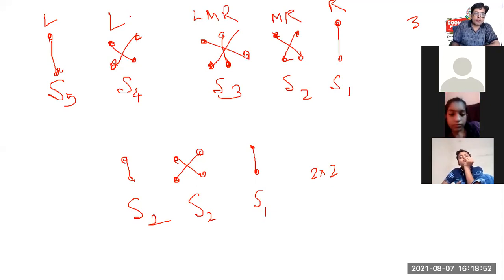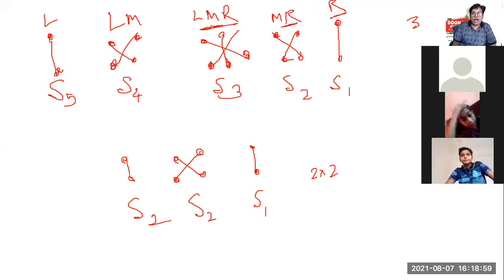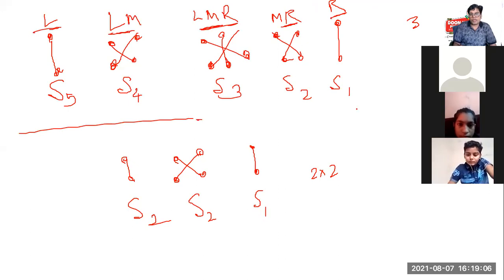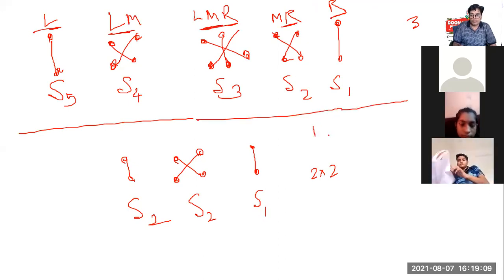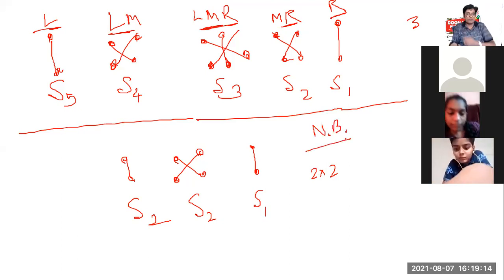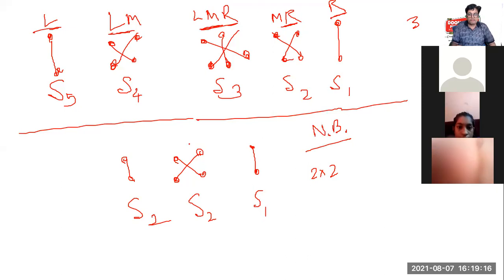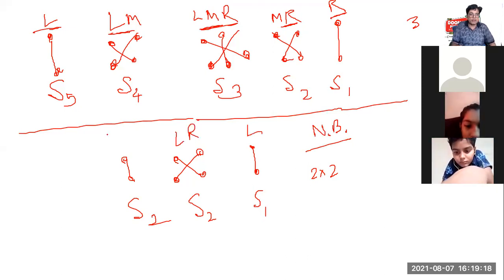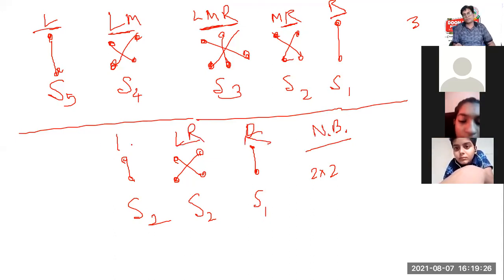You can write R, MR, LMR, LML. I'll explain you. Please copy this thing. Please, N.B., note it. That is left. That is left into right. Sorry, that is right. That is left into right. That is left.